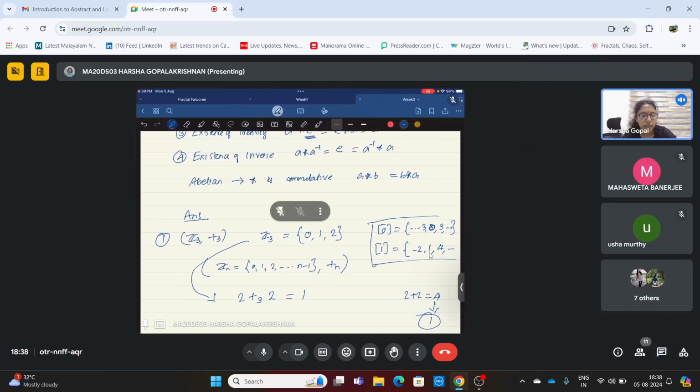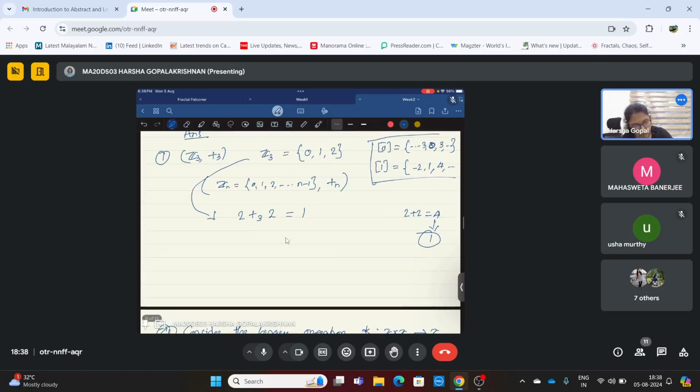Is that clear for everyone? Addition modulo 3 and the set Z3. Now we need to check whether it is a group or not. I have given the set and the operation. To check whether it is a group, we need to check all 4 axioms. So let's go one by one.